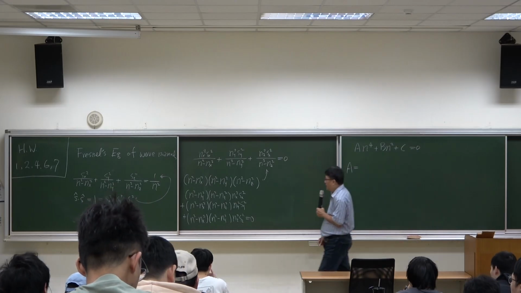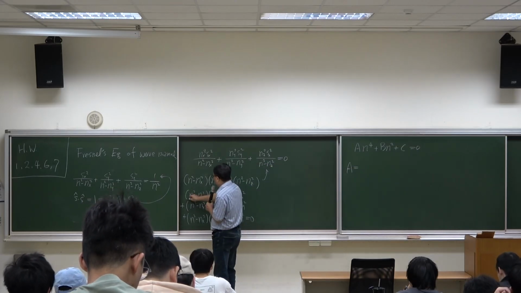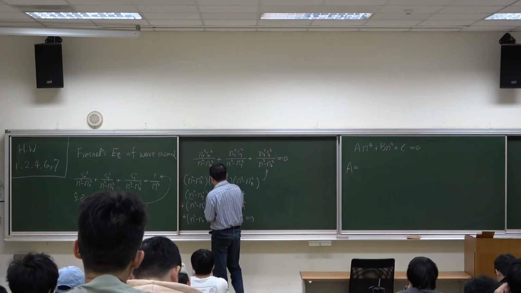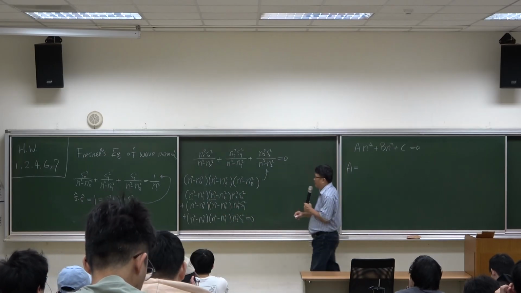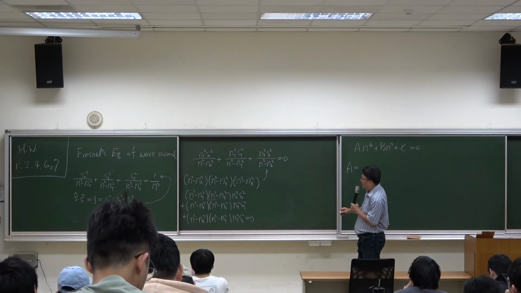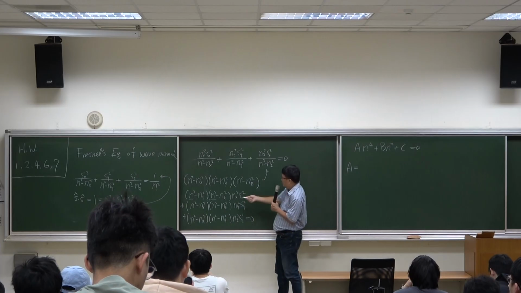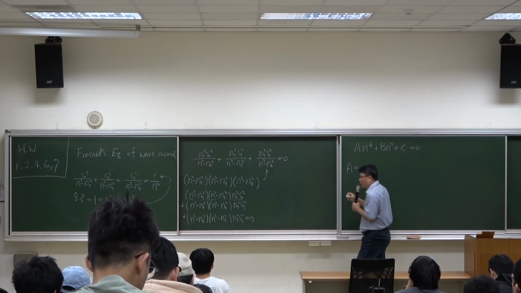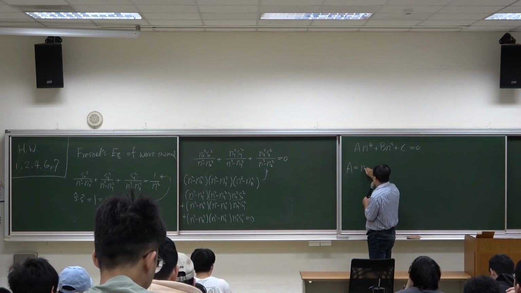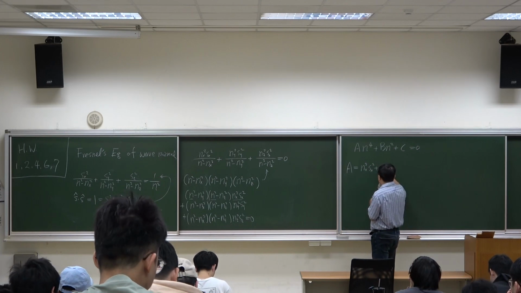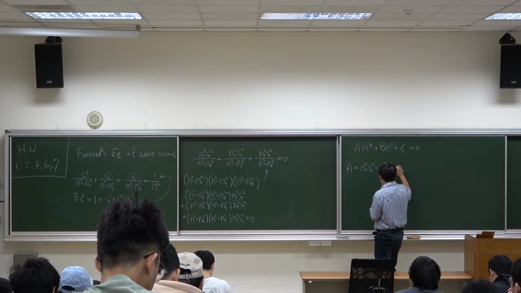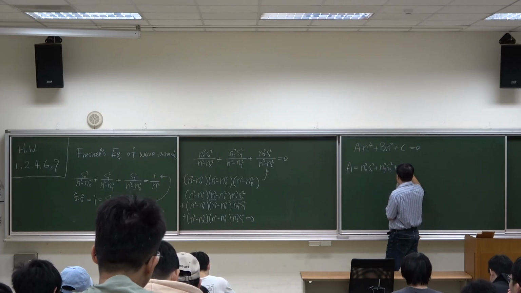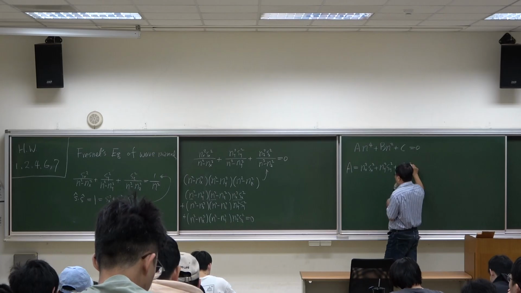This gives us n to the fourth power times this coefficient. So A is equal to nx squared sx squared plus ny squared sy squared plus nz squared sz squared.